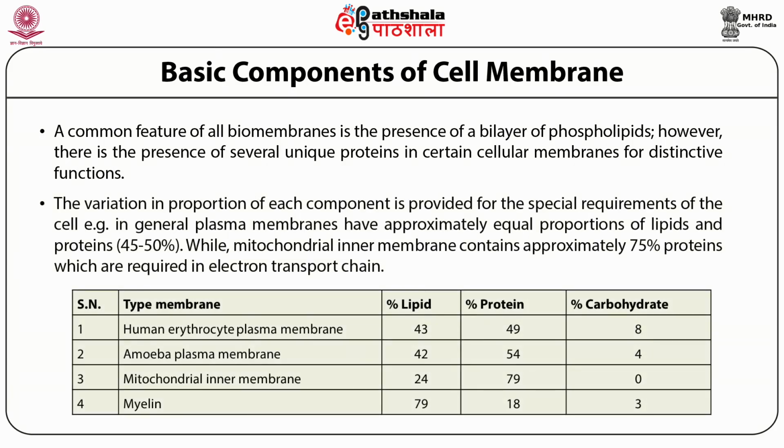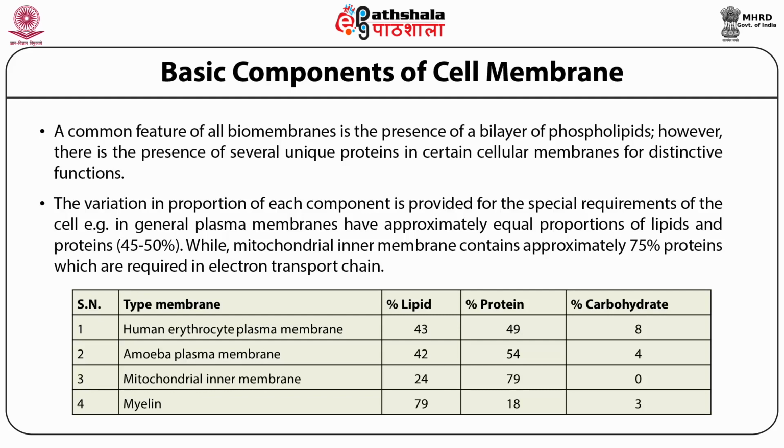The variation in proportion of each component like carbohydrate, lipid, and proteins is provided for the special requirement of the special cell. For example, in general, plasma membranes have approximately equal proportion of lipids and proteins, which are around 45 to 50%, while mitochondrial inner membrane contains approximately 75% of the proteins, and lipid content comes down to 24%, which are required for electron transport chain.